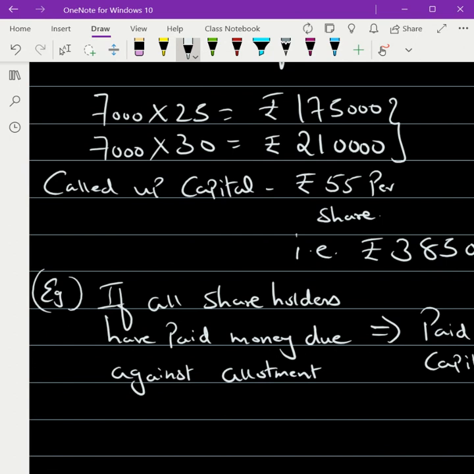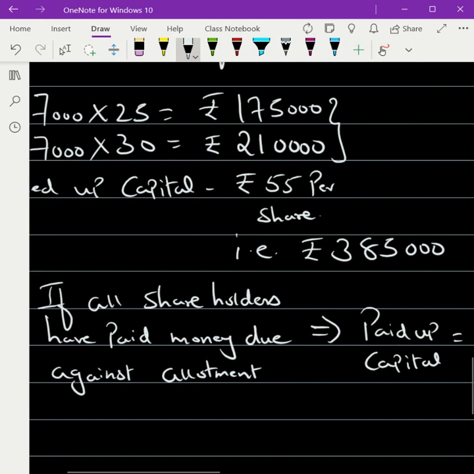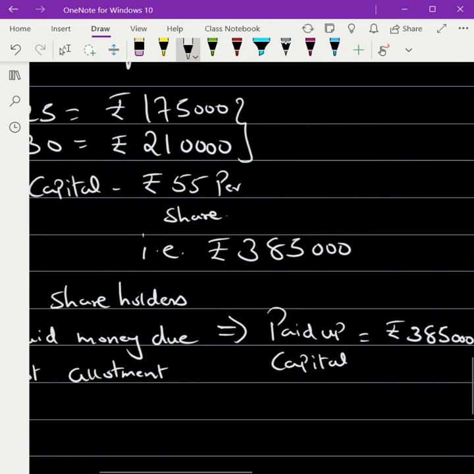If all the shareholders have paid the money due against the allotment, then the paid up capital will also be the same rupees 3,85,000.